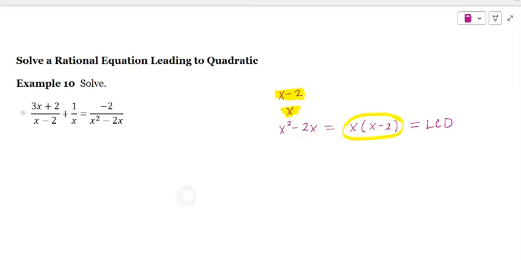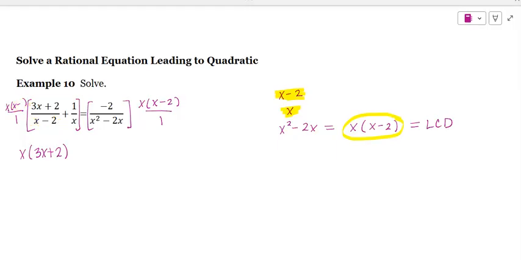So I'm going to multiply both sides of this by x times x minus 2. On the left-hand side, when I multiply by this first fraction, the x minus 2's are going to cancel each other, and we'll be left with x times 3x plus 2.